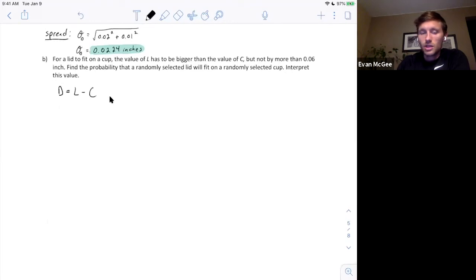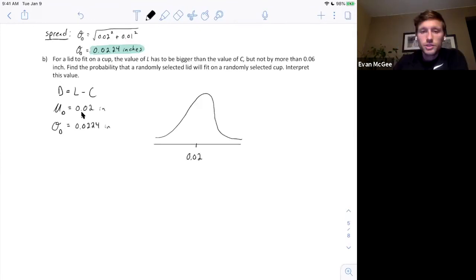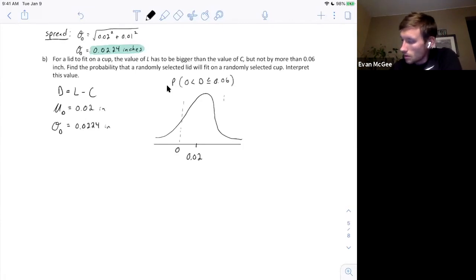0.06 inches. So from this distribution where the mean is 0.02 inches and the standard deviation is 0.022 inches, we want to find the probability of getting a difference that is greater than 0 but less than or equal to 0.06.